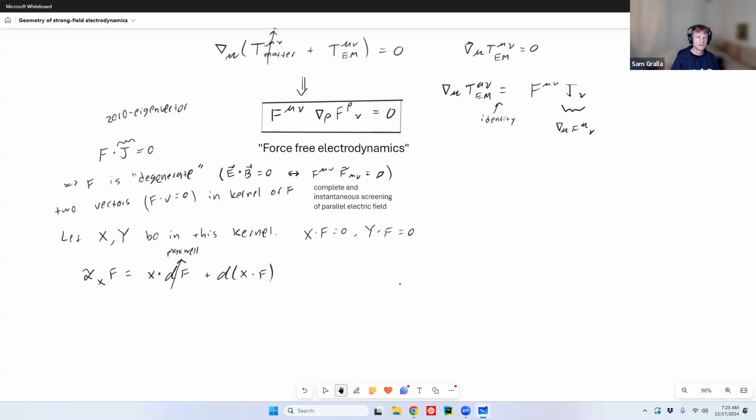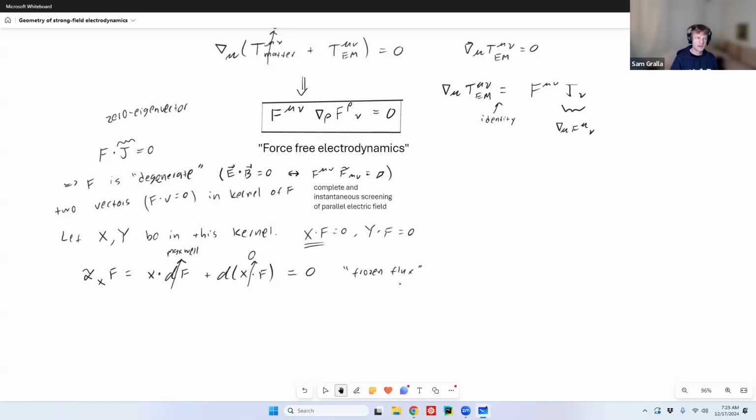So that is always 0, dF equals 0. And then by assumption, this is 0 because of our equation here. By assumption, it's in the kernel. So F has 0 Lie derivative along any vector in its kernel. And so you can integrate F to get the magnetic flux. It's really tracking the magnetic flux at a point. And this is sometimes called the frozen flux property.